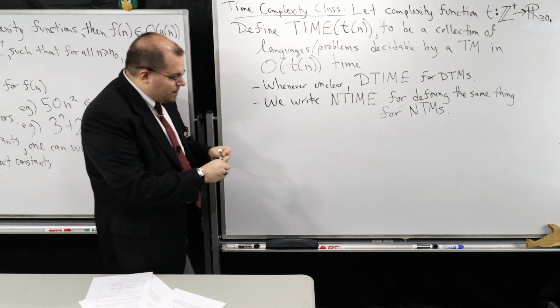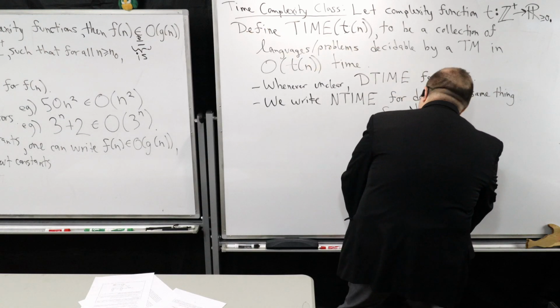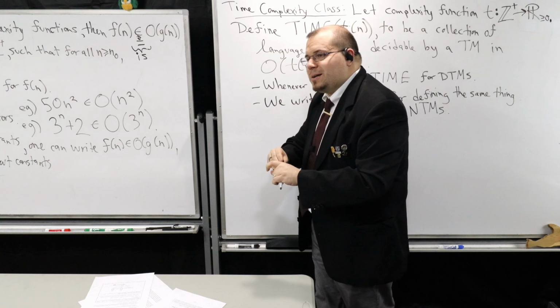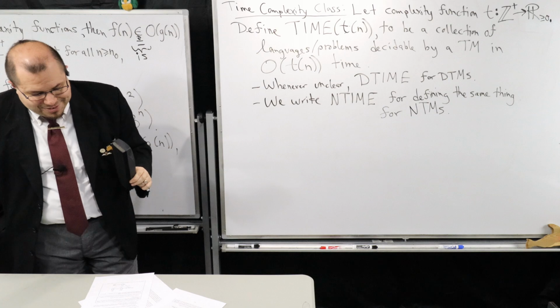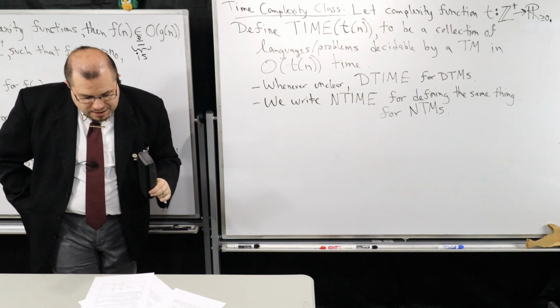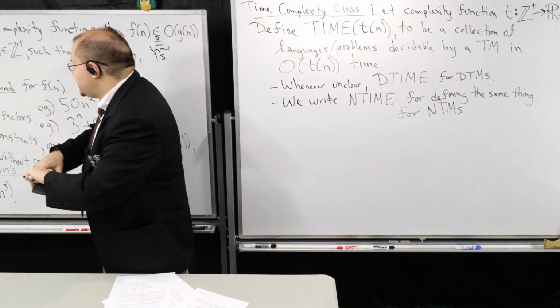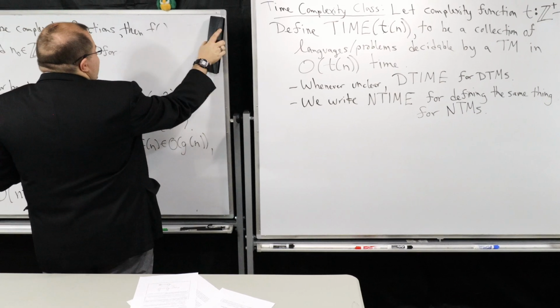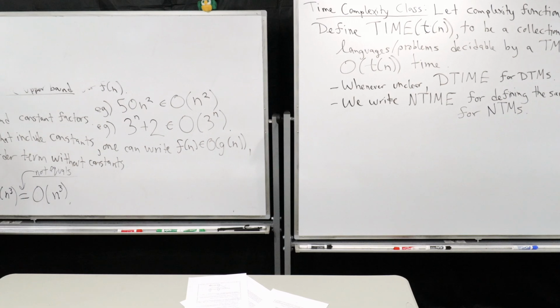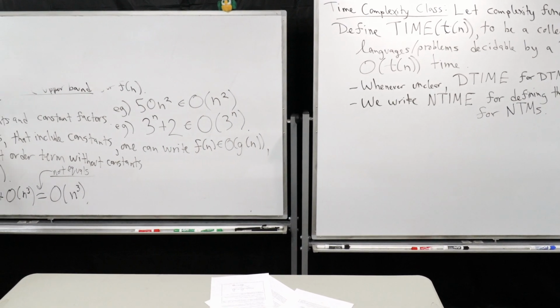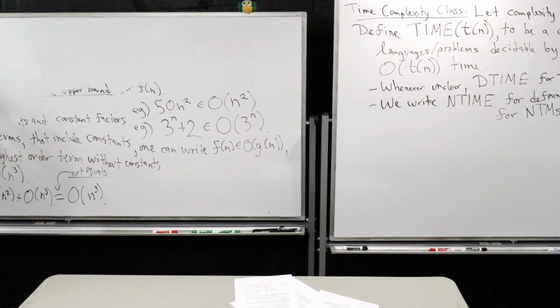So we've got enough time here to analyze the running time of a Turing machine. So why don't we do that? Because I want to make sure you see one proper example of doing this. This is one of the things on my list that I need to talk to you about: I want to make sure you have an idea of how you're going to use these complexity functions to measure the efficiency of a Turing machine.